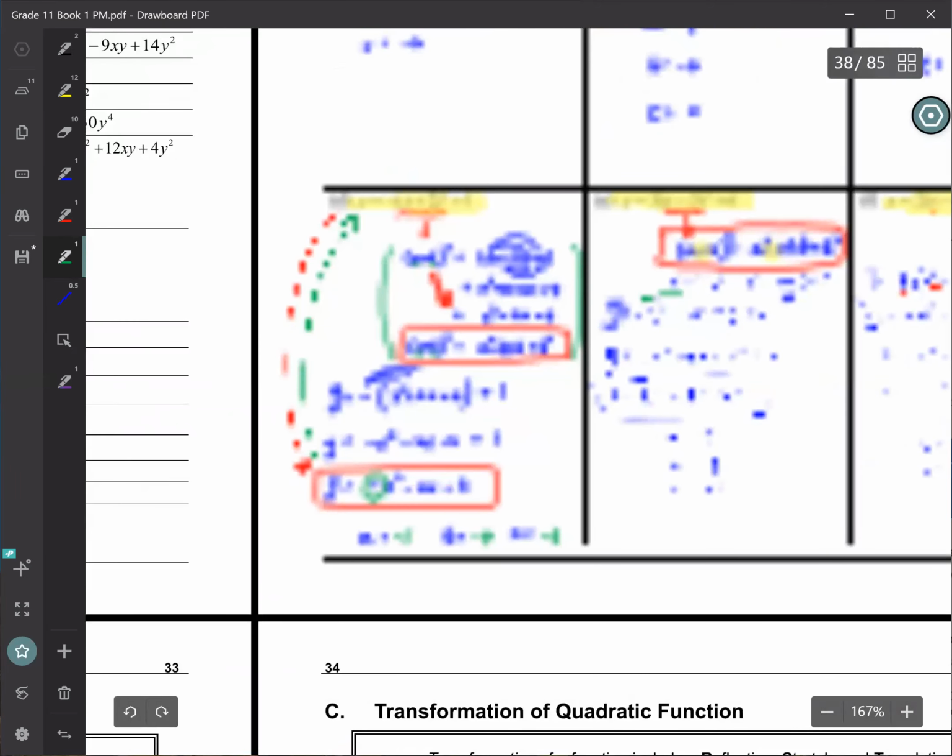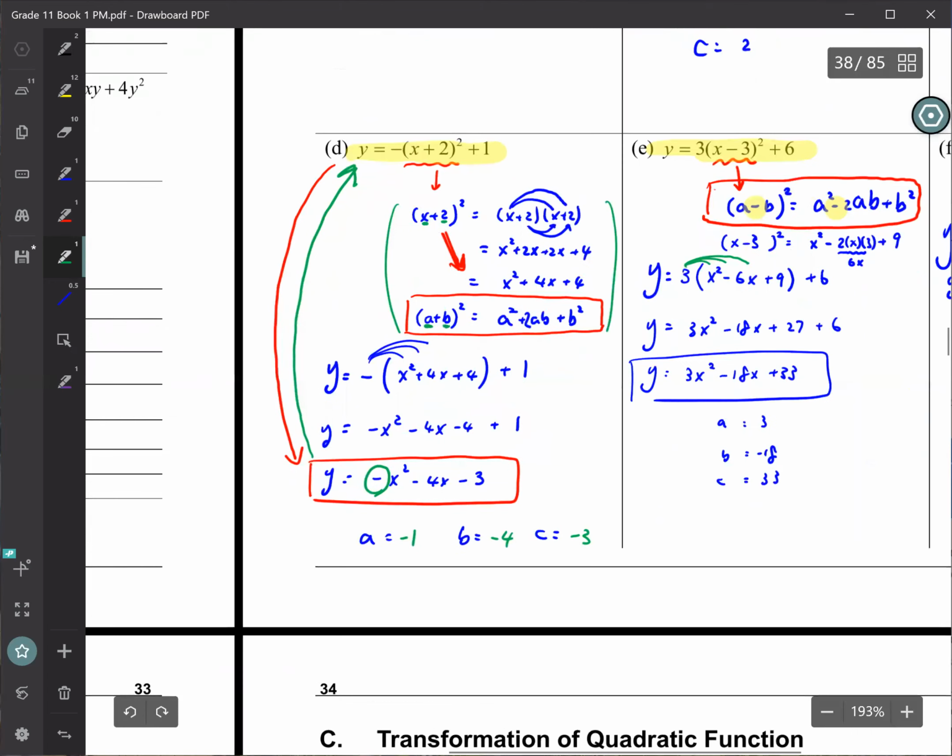We'll be learning the meaning of the standard form next week. Right now you just need to know how to turn into standard form first, and then we'll explain how each number can help you draw the graph, okay? So going back is the standard form, going forward, expanding, is the general form.